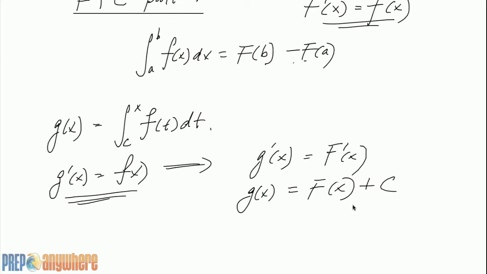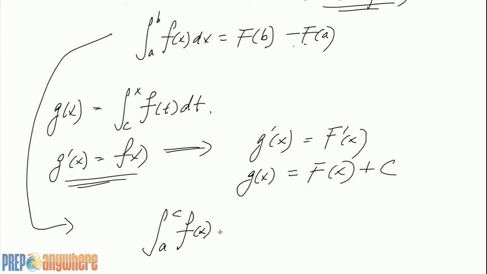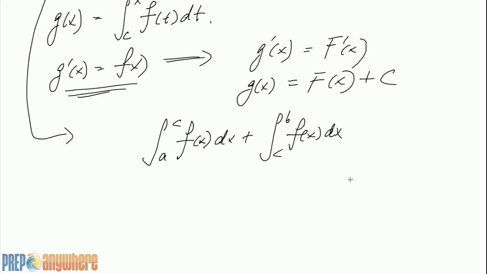Okay, now using integral properties, let me integrate that from a to c and c to b. Okay, I'm gonna switch the order to c to a and put a negative in front using, again, integral properties.